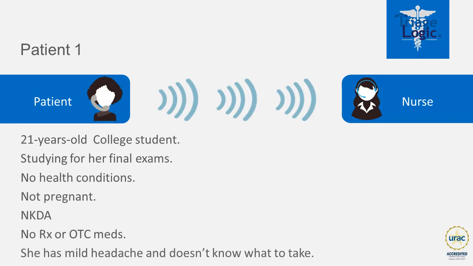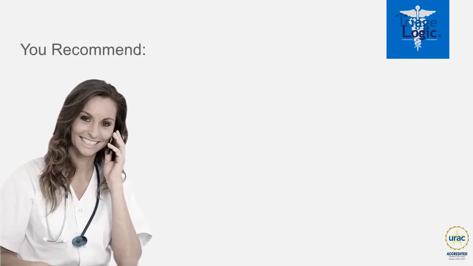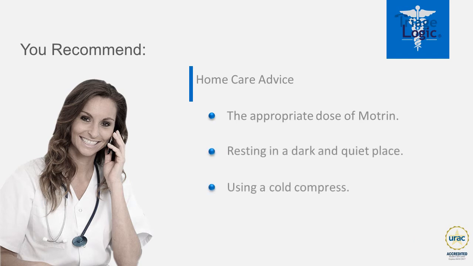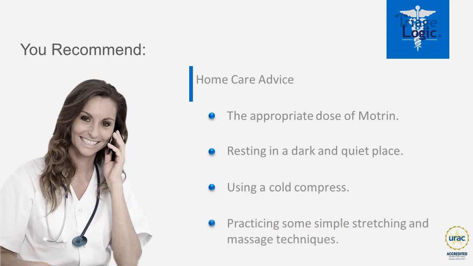She is calling you because she has a mild headache and doesn't know what to take for it. You complete your triage and determine her symptoms are probably safe for home care advice, so you recommend the appropriate dose of Motrin, resting in a dark, quiet place, perhaps using a cool compress over her forehead, and practicing some simple stretching and massage techniques.